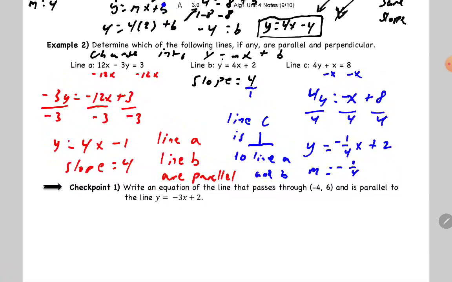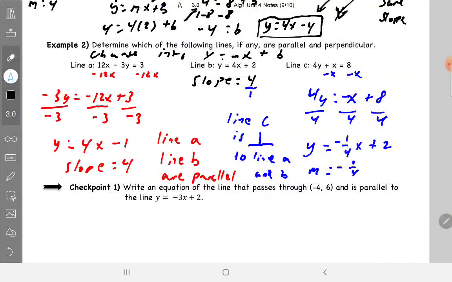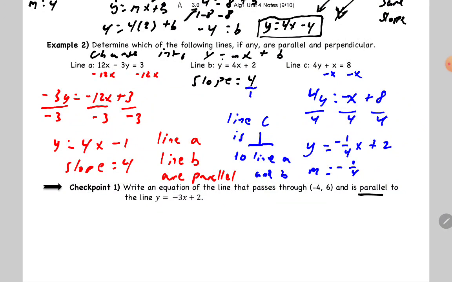Checkpoint 1. Write an equation of a line that passes through that point and is parallel to that line. Parallel means same slope. We are not writing the same exact line, we're just using the slope.